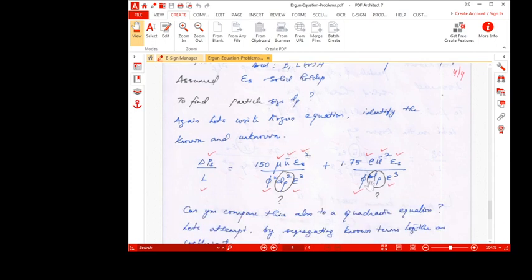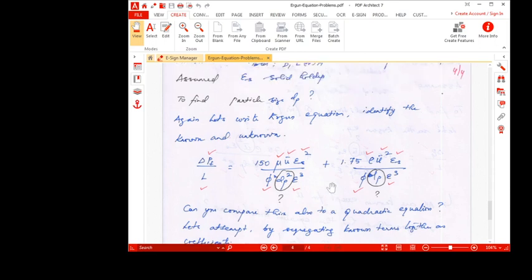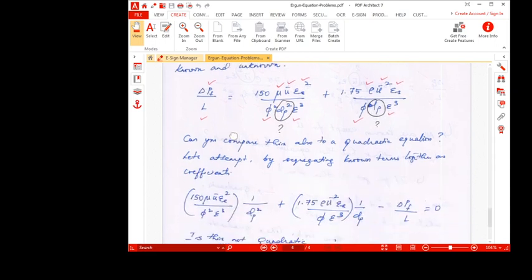So again look at the Ergun equation. Whichever terms are known, I have just put tick marks. The unknown is the particle size. Now this again can be rearranged as a quadratic expression. Again, I request you to pause for a minute, rearrange this equation, and collect the coefficients of the square term and the term with dp to the power 1. Try to see if this is a quadratic expression.